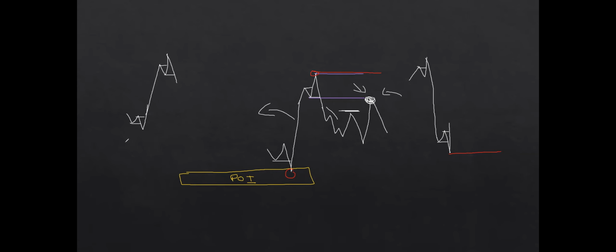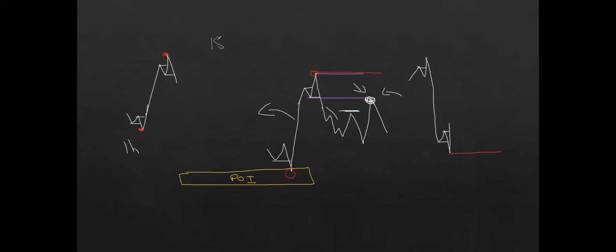If this range is the 1 hour, from here to here, and let's say there's a break structure on the 15-minute, or this is the 15-minute break, let's just call it that, right? A break structure. Then a new range will be created.